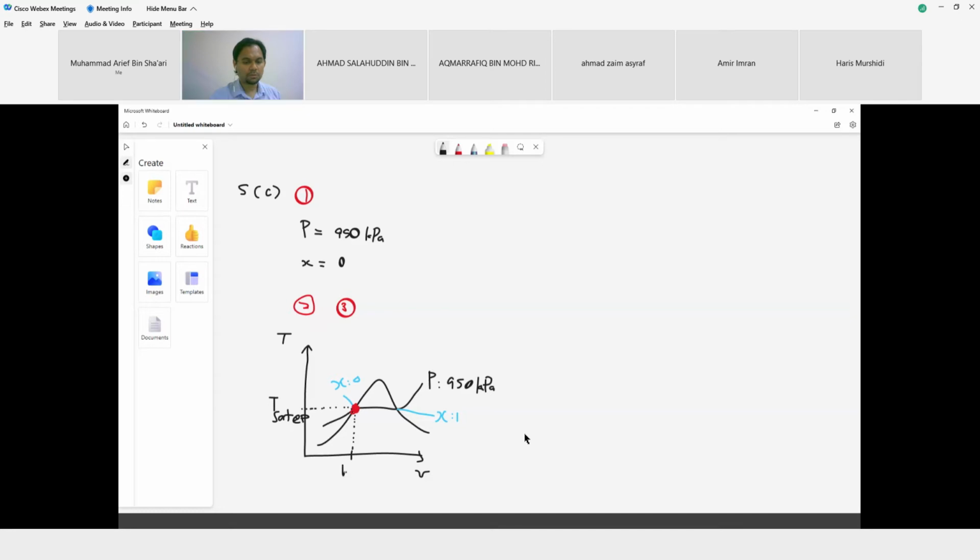Here is, in this case, BF at the given pressure. Okay. So ini maklumat-maklumat tambahan yang dapat membantu kita untuk menyelesaikan masalah ini. Okay, so we have done step number 3, then move to step number 4.